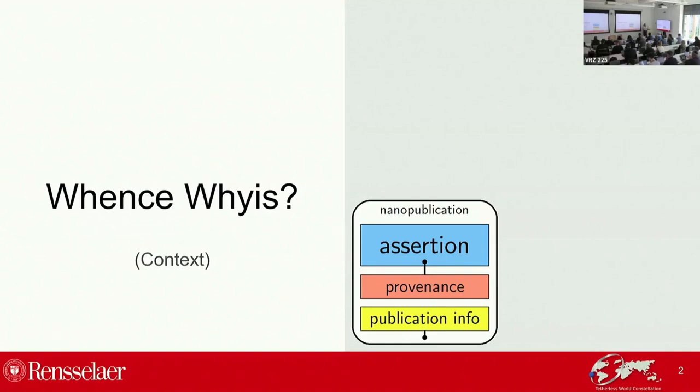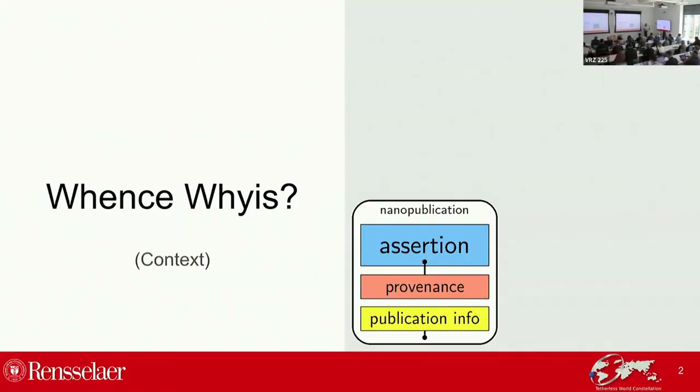Well, we want to be able to provide provenance about those things. That's the provenance graph, graph number 2. Number 3 is the artifact as a whole, the nanopublication itself. How do we talk about the provenance of the nanopublication? Who published it? When was it published? That sort of stuff. And that's the third graph.